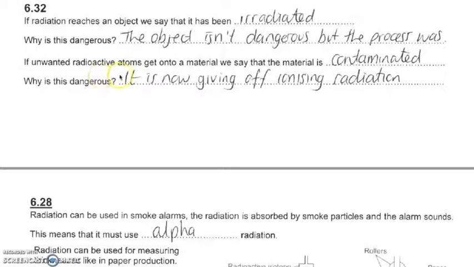Okay, so the person himself or herself is actually not dangerous, but the actual process of irradiation is. Okay. If unwanted radioactive atoms get into a material, we say that the material is contaminated. Okay, and why is that dangerous? Well, obviously, the alpha source or the beta source is actually inside the person's body, infecting the surrounding atoms and cells more closely, ionizing them, and causing the cells to malfunction faster, and also we've got this ionizing radiation being given off inside the person's body.